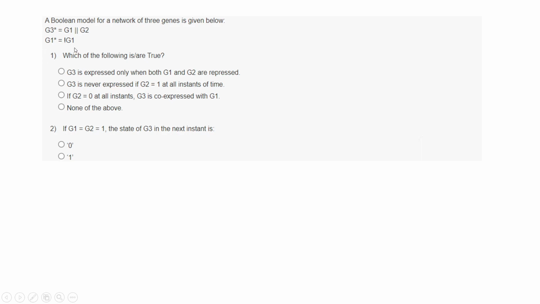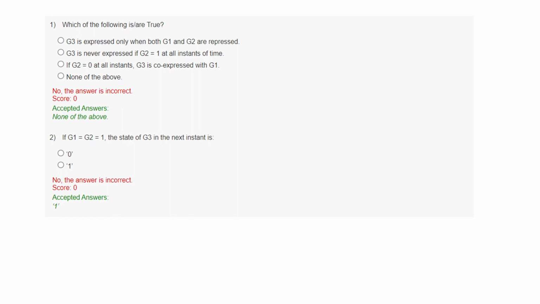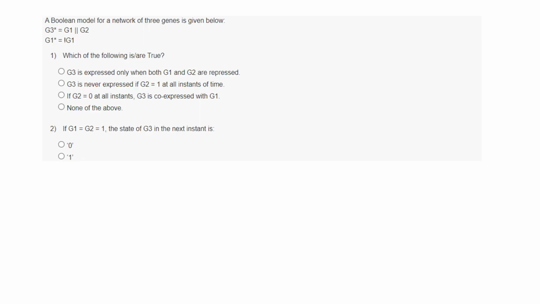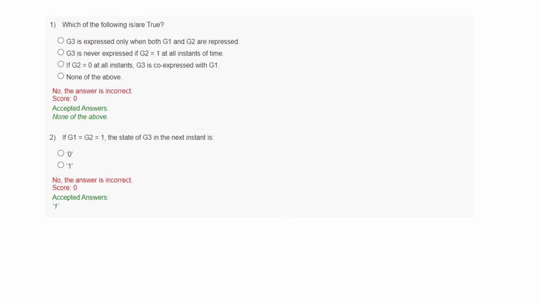If G1 is expressed, G3 will not be expressed, because G1 is not G1. And if G1 equals G2, the next state of G3, basically G1 and G2 both are 1. So either of them is 1, you'll get G3. So good enough. It will be 1.